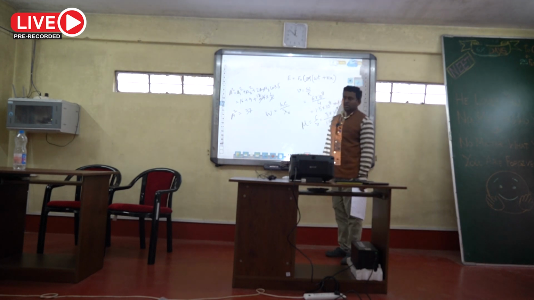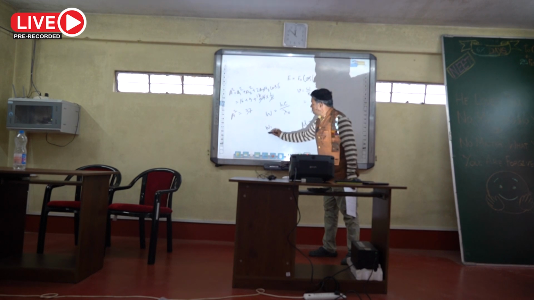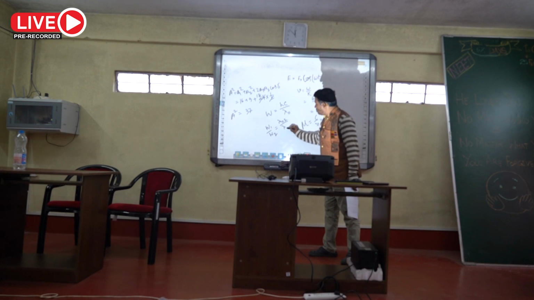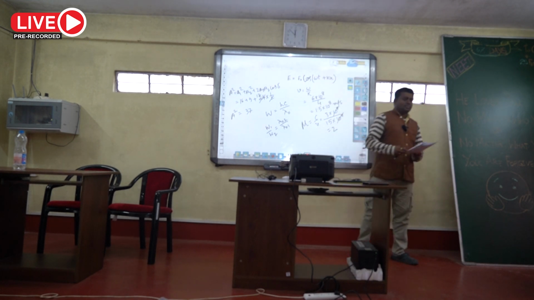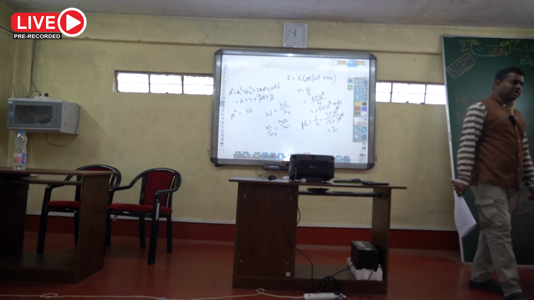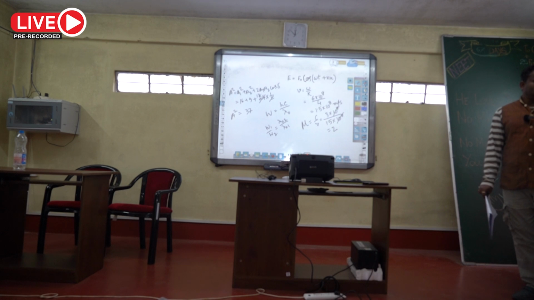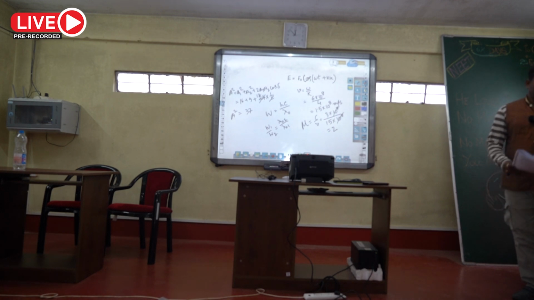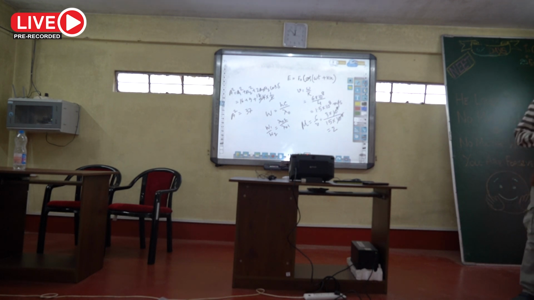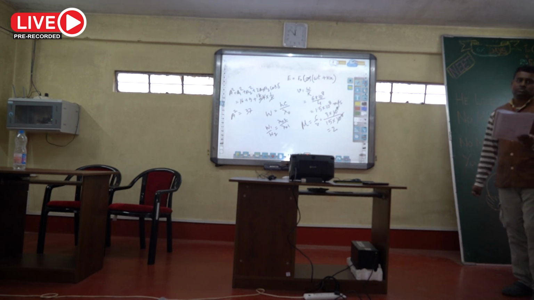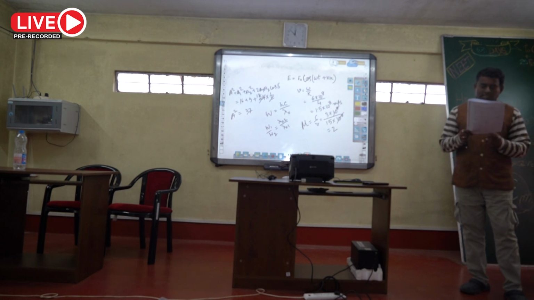So for two materials, we can write W1 by W2 equal to lambda naught 2 by lambda naught 1. For two materials 1 and 2, they are inversely proportional. So lambda naught 1 is the threshold wavelength for the first material and lambda naught 2 is the threshold wavelength for the second metal. So the ratio will be 2:1, because 600 is to 300.